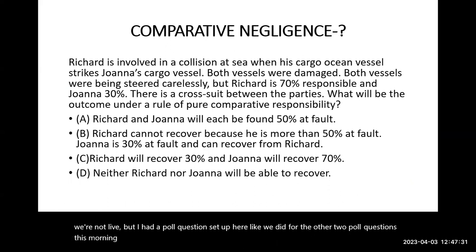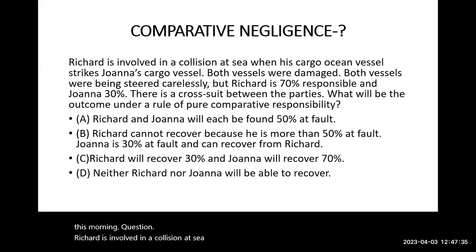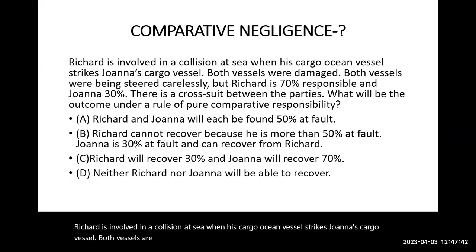Question. Richard is involved in a collision at sea when his cargo ocean vessel strikes Joanna's cargo vessel. Both vessels are damaged. Both vessels were being steered carelessly, but Richard is 70% responsible. Joanna is 30% responsible. There is a cross suit.